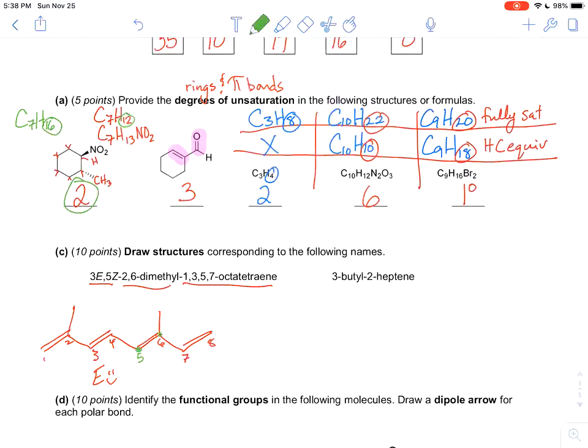We see we have the 2 high priority substituents on opposite sides. So if we look here on carbon 5, this has the high priority, comparing it to the little hydrogen down there. And if you look on carbon 6, this is the high priority compared to that little methyl group here. So this is not ideal. This is not the way that we want to show this molecule.